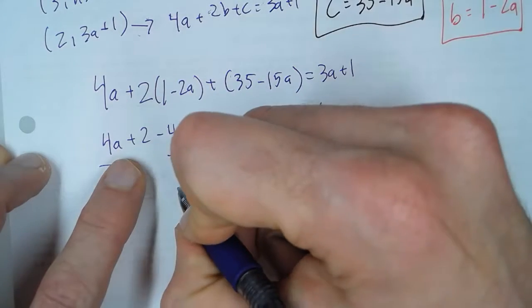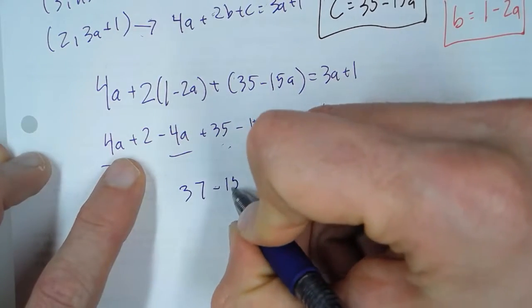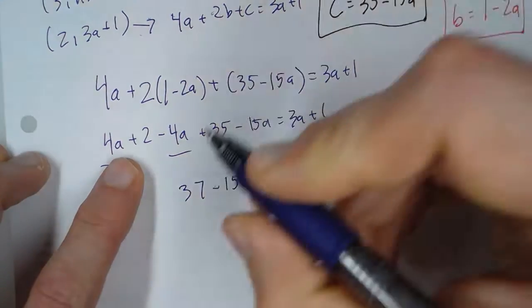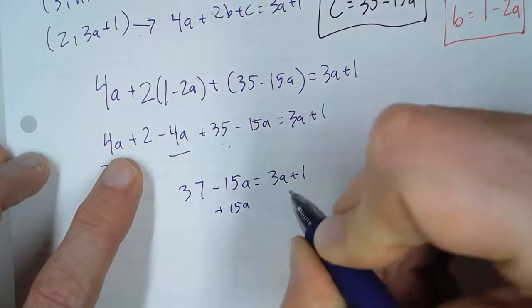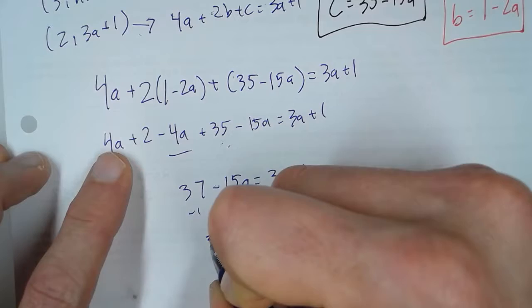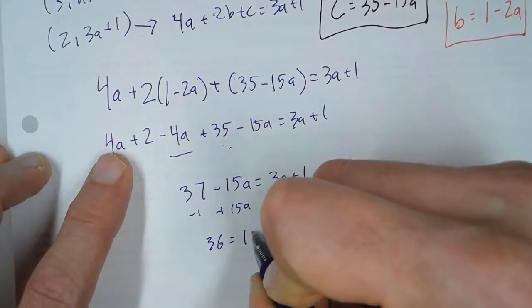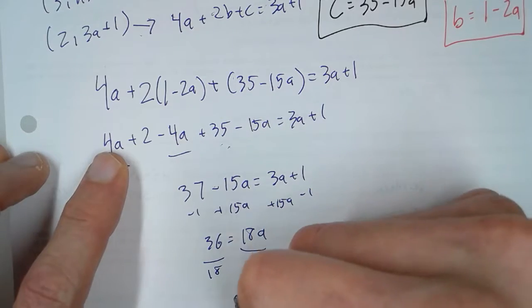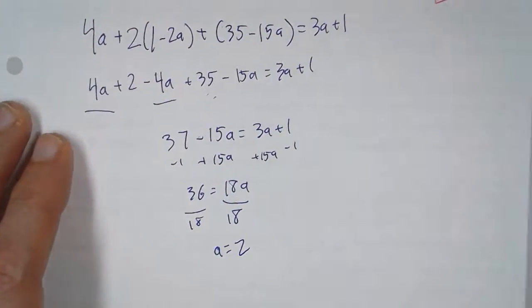So 37 minus 15a equals 3a plus 1. I'll add 15a to both sides and subtract 1 from both sides. So 36 equals 18a, so a equals 2.